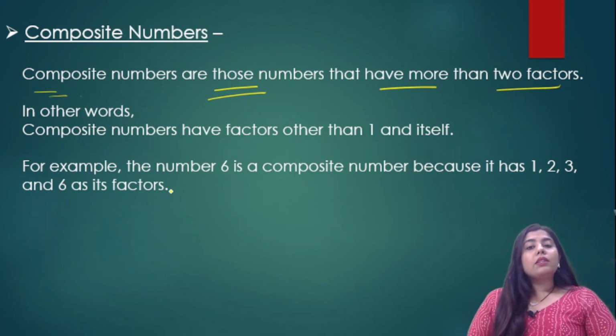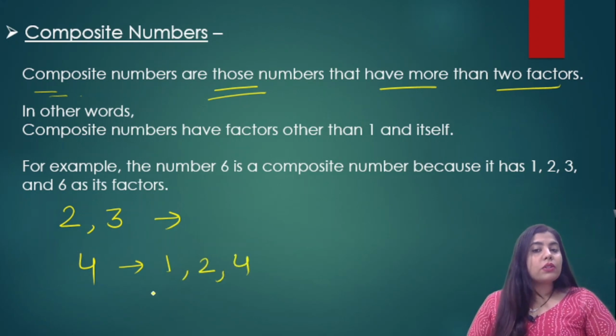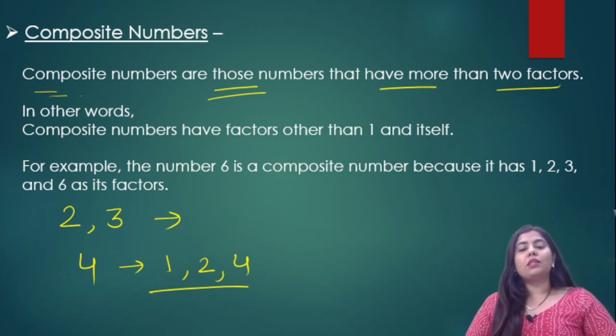Okay? So if we talk about, we learned that 2, 3, both are prime numbers, right? If we talk about 4, see, 4 has three factors, 1, 2 and 4. So it has three factors. It means it has more than 2 factors, so it is a composite number.